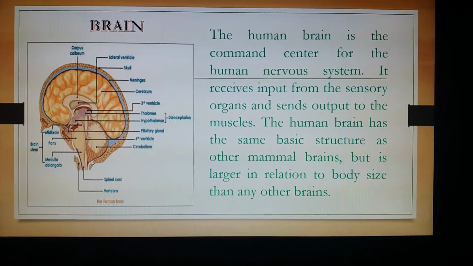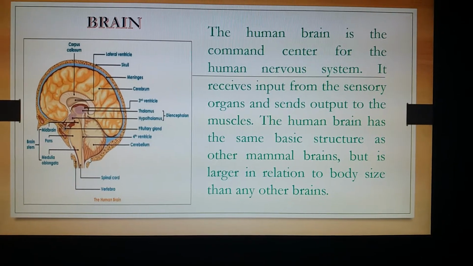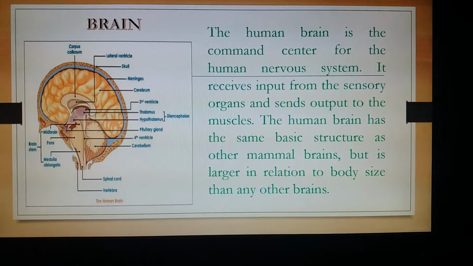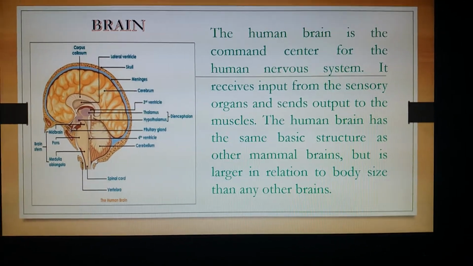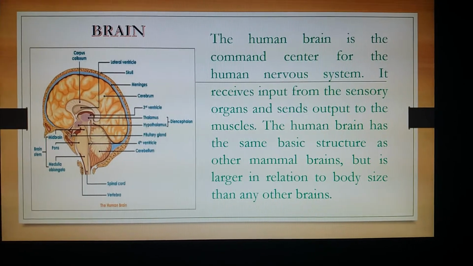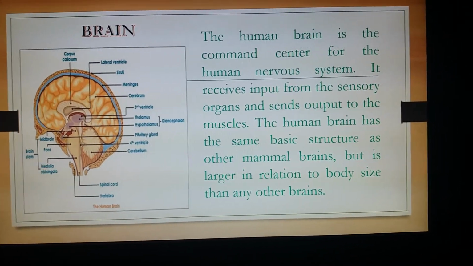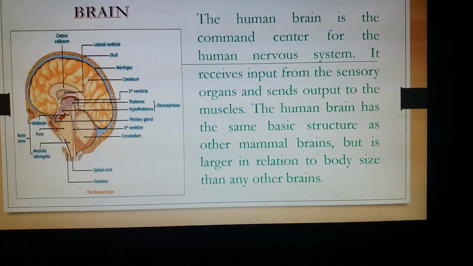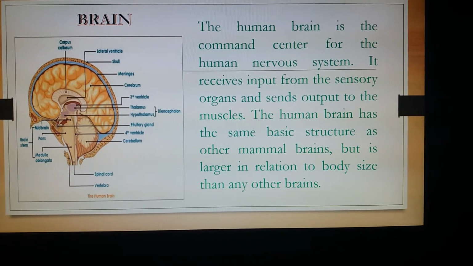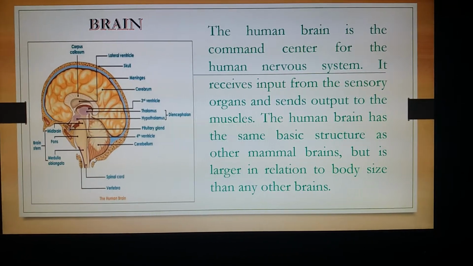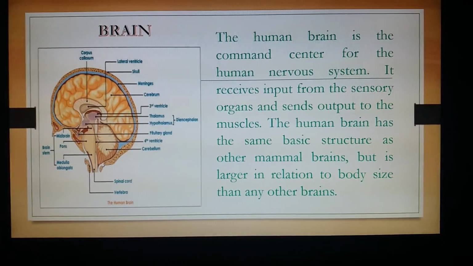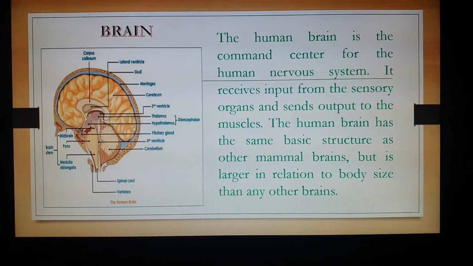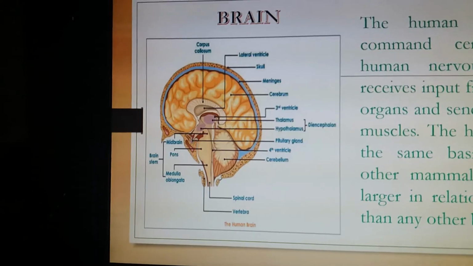It receives input from the sensory organs and sends output to the muscles. The human brain has the same basic structure as other mammal brains, but is larger in relation to body size than any other mammal's brain.